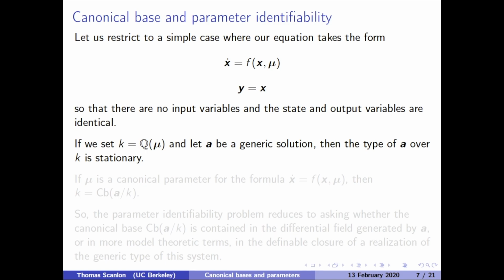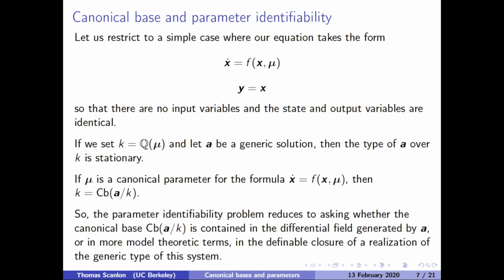Okay. All right. So I'm going to write little k for the field generated by these coefficients. And I'm going to assume for the moment that mu is a canonical parameter. Right, so we have some hope of recovering it. And so what does our identifiability problem come down to now?